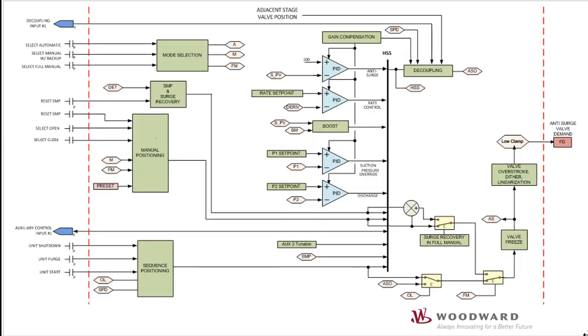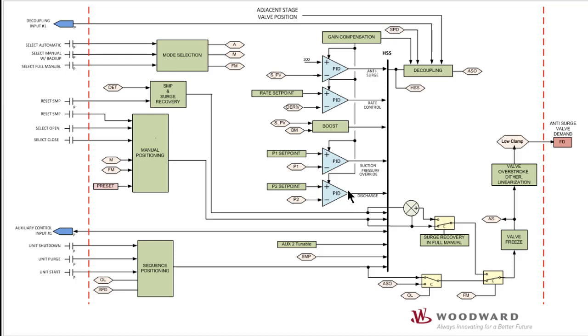This is the functional diagram for the anti-surge control loops. This diagram provides an overview of the routines that affect the final anti-surge valve demand. Each anti-surge control loop consists of 4 PIDs. There's the anti-surge PID, the patented rate control PID, a suction pressure override PID, which is optional, and an optional discharge override PID.